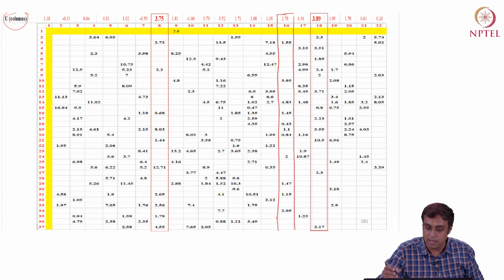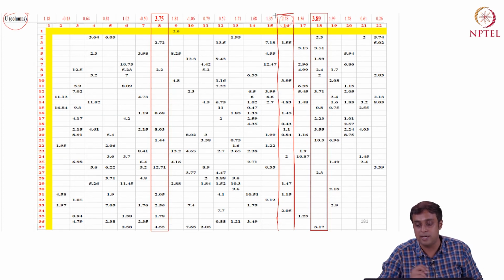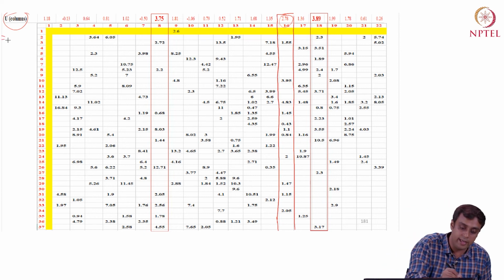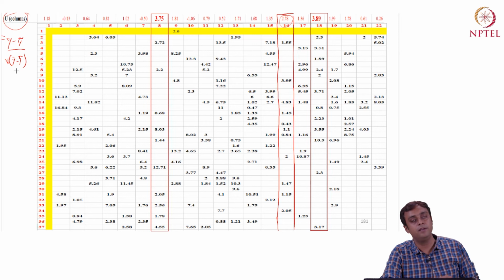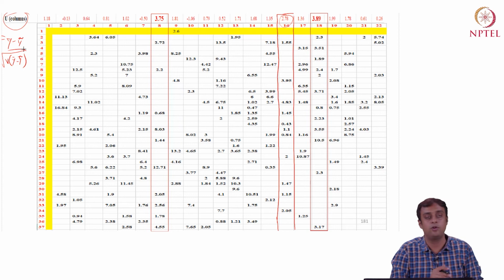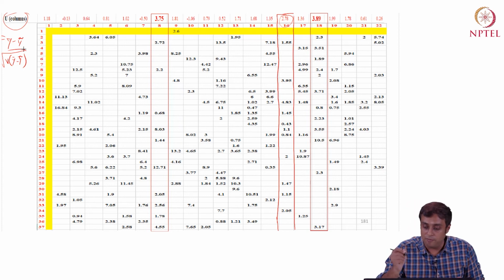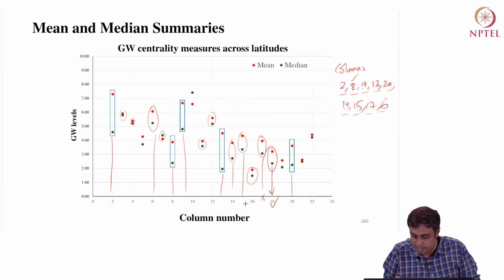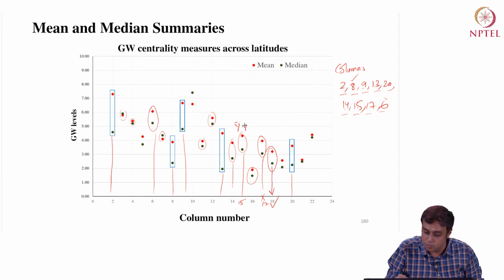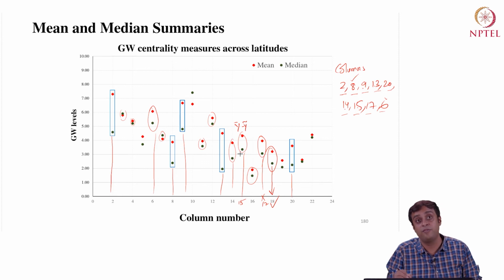If I go back and look at row 16, I have a value of 2.78. U is y bar minus y tilde over the standard deviation of y bar minus y tilde. Mean minus median over the standard deviation of mean minus median. Now, if I look at rows 15 and 17, the value of y bar minus y tilde seems to be higher for both than it does for 16.